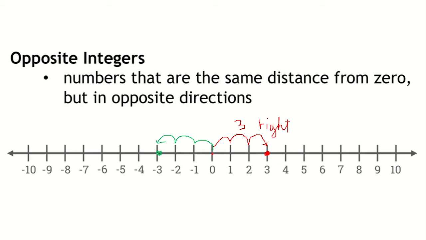That means the distance from 0 to negative 3 is also 3. It's just that the direction is going to the left. That's why negative 3 and 3 are opposite numbers.